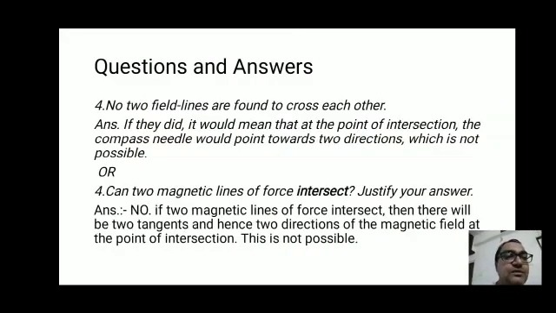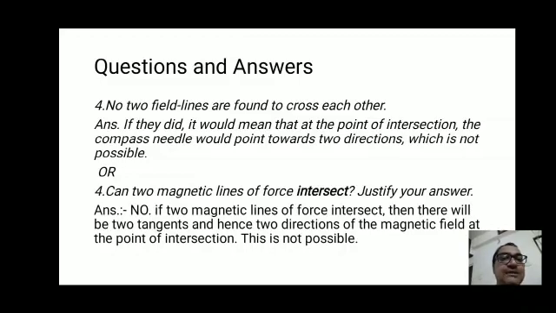And students, one more question will come. Question number 4 can be asked in two ways in the board exam. The first way: explain why no two field lines are found to cross each other. Give reason. You have to write that if they did, it would mean that at the point of intersection the compass needle would point towards two directions, which is not possible. This is directly as given in our textbook.